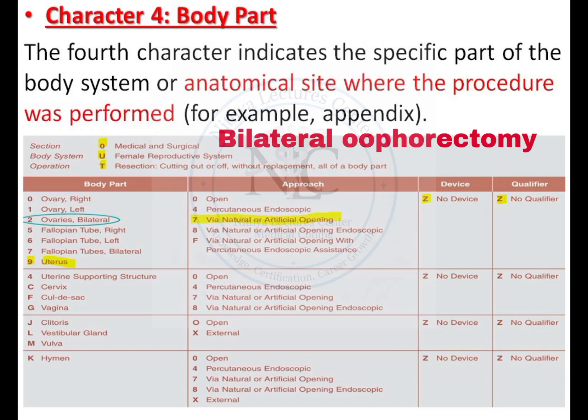The body part for oophorectomy is both ovaries, bilateral, which is the number 2. So the section is 0, body system is U, root operation is T, and the body part is 2. If it is hysterectomy, section is 0, body system is U, root operation is T, and the body part is 9.